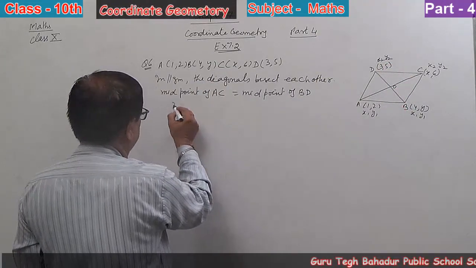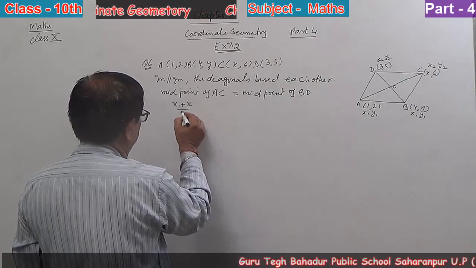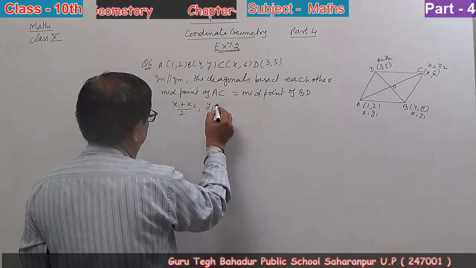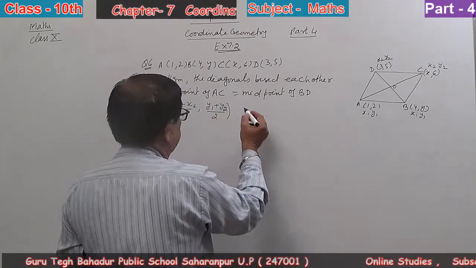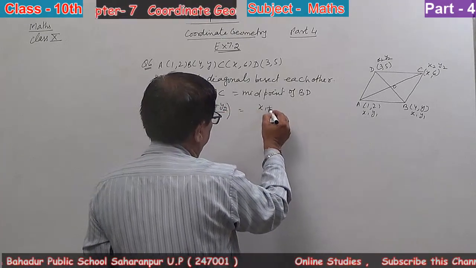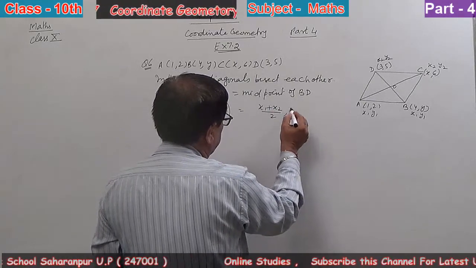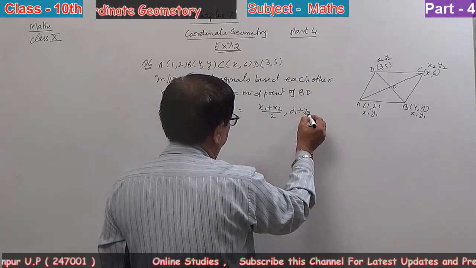Midpoint of AC is (x1 plus x2) upon 2, (y1 plus y2) upon 2. This is also (x1 plus x2) upon 2, (y1 plus y2) upon 2.